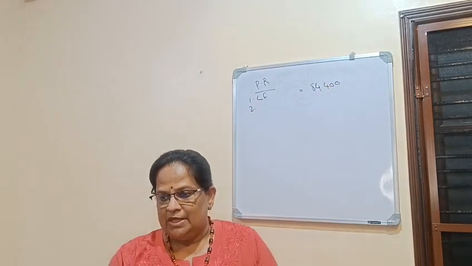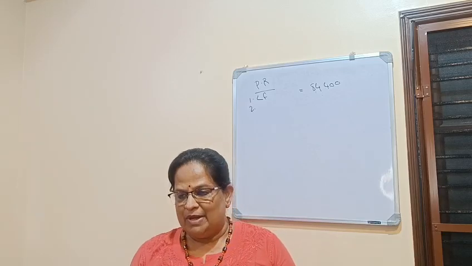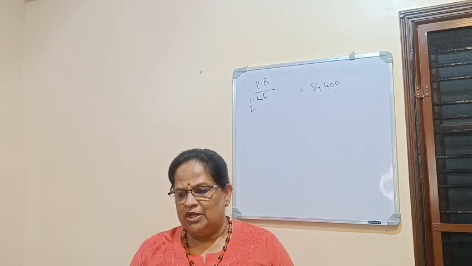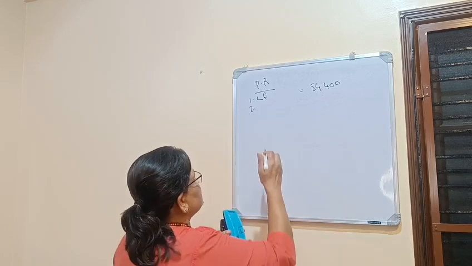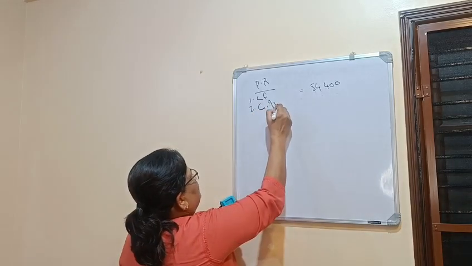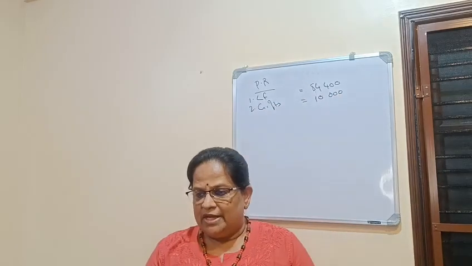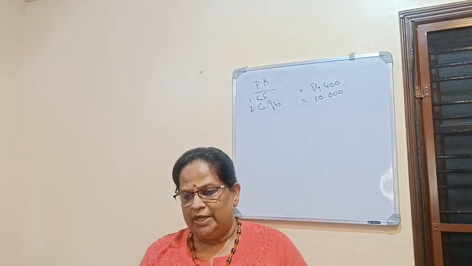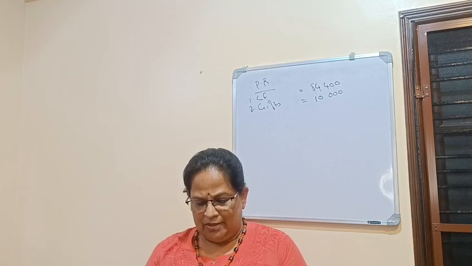Second item, salary as part-time lecturer, that will go to income from other sources. Interest on debentures will go to income from other sources. Gifts from clients, 10,000. Rent 6,000 will go to income from house property. Interest on foreign securities 8,000 will not come.